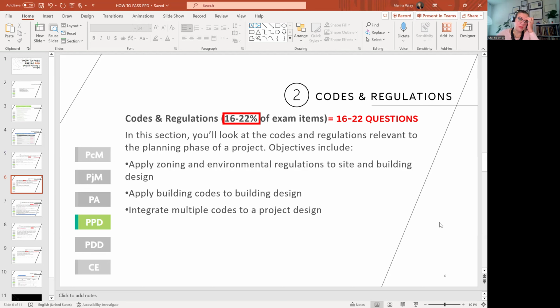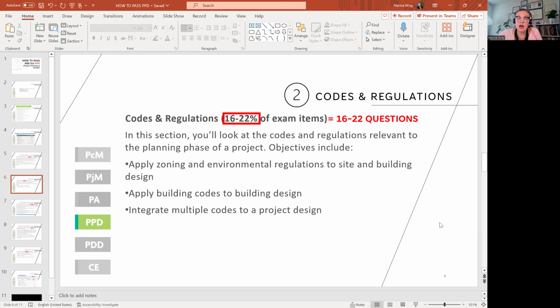So here you need to apply zoning and environmental regulations to site and building design. And definitely check with the jurisdiction all the time because they update the codes, they update the local municipality regulations, and you need to always follow the most stringent requirement and regulation.